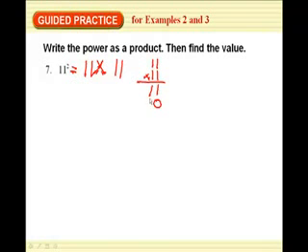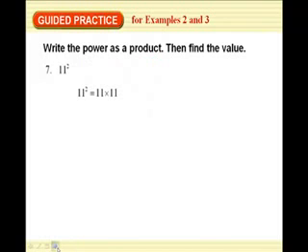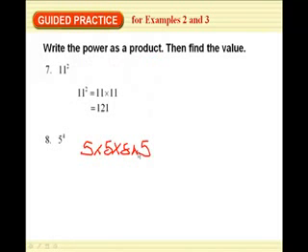Add a placeholder, 1, 1, 121. Works out good, 121.